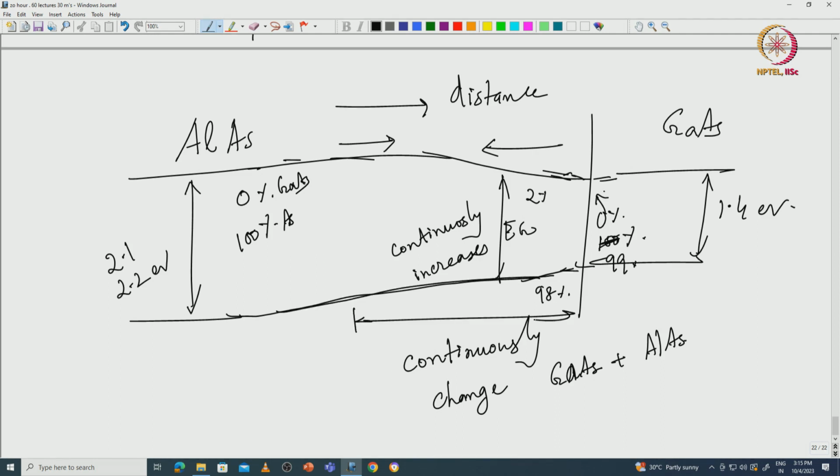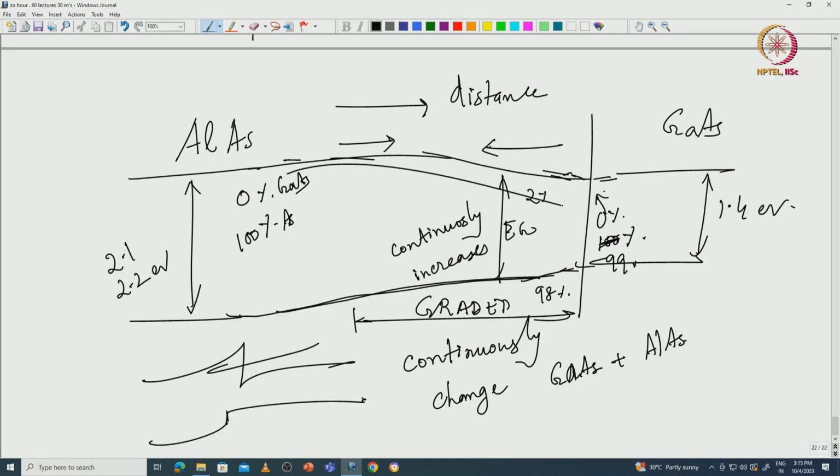So this junction is called a graded junction because there is nothing abrupt. It has a smooth transition. I'm gradually changing the mole fraction of aluminum arsenide and gallium arsenide such that it's a smooth transition from one to another.